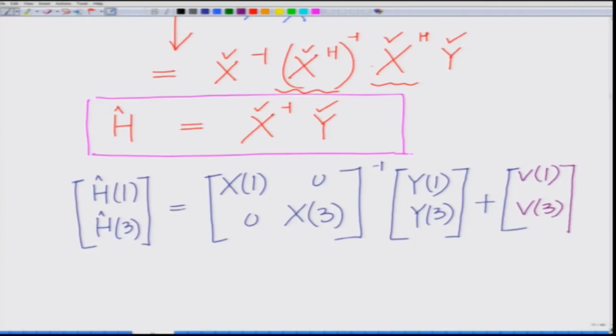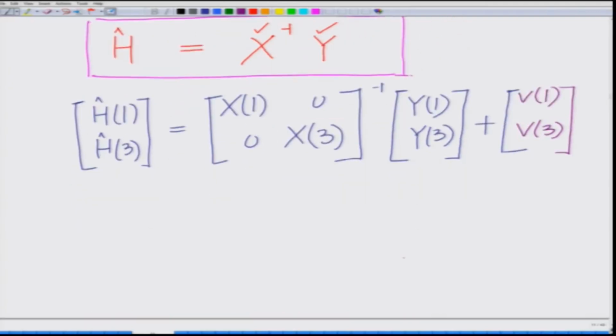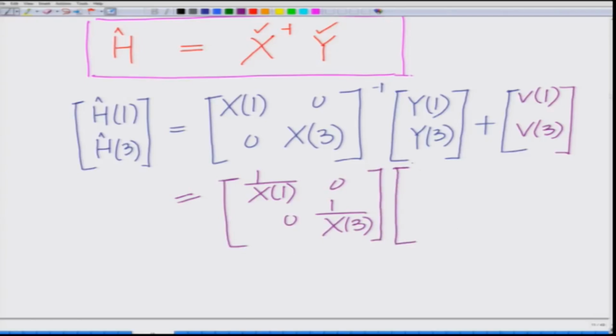On the pilot subcarriers, you can see this is nothing but the inverse of the elements, the reciprocals of the elements on the diagonal, because x check is a diagonal matrix.